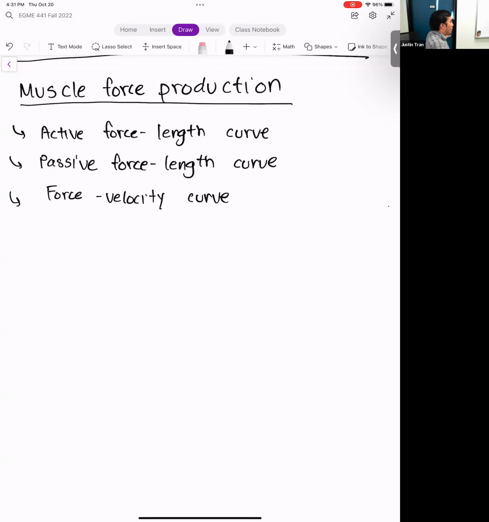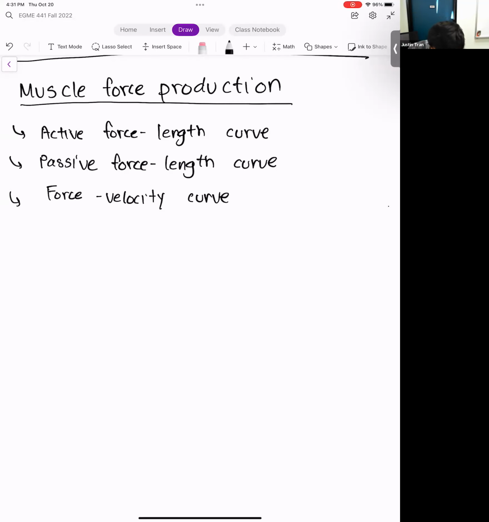And so if you want to learn about muscles, I think the discussion always starts with these 3 curves, because they tell you relatively how much force your muscle can output in terms of its length and its velocity.